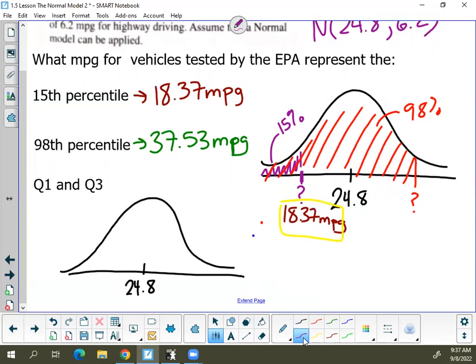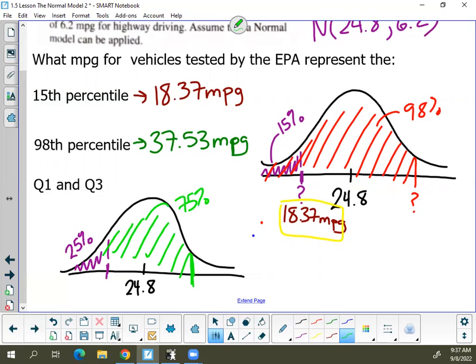It's in the middle of the lowest and the median, and so Q1 means that there's 25% of my data to the left. Q3 is going to be at the 75th percentile. There's going to be 75% of the data points below it. So Q3 is going to be somewhere here. And this area is going to be 75% of my area.